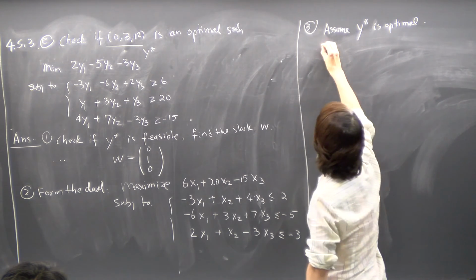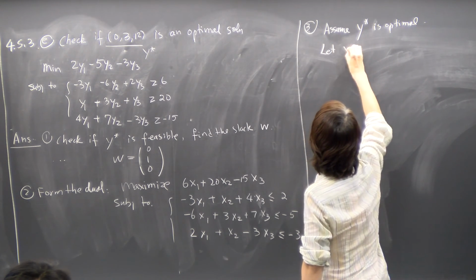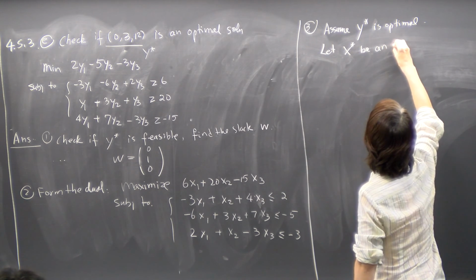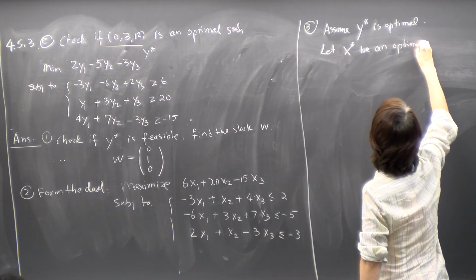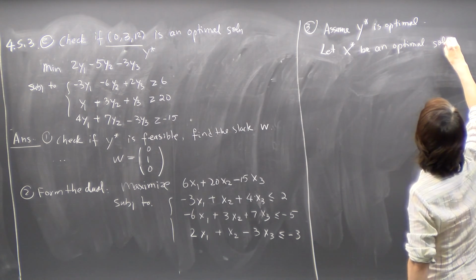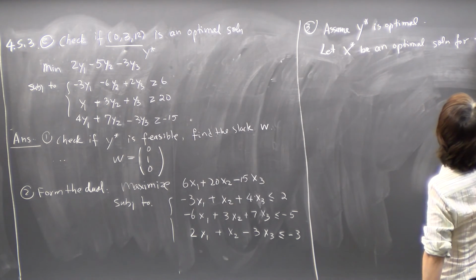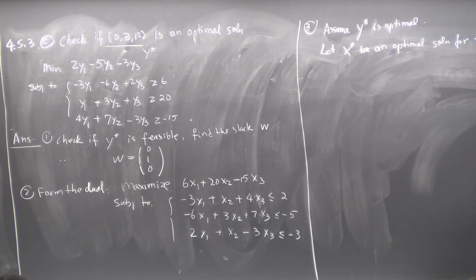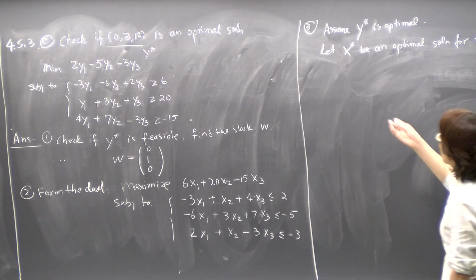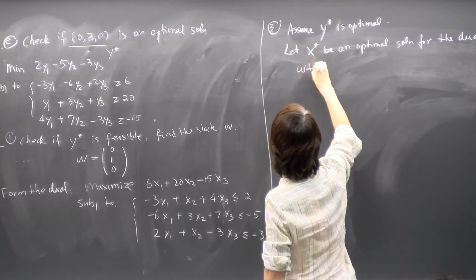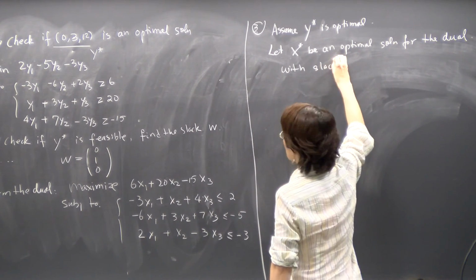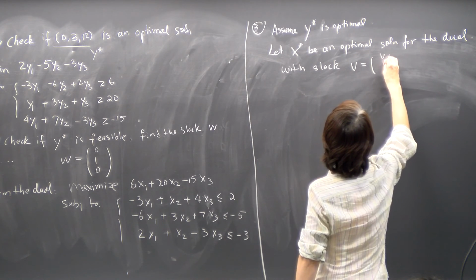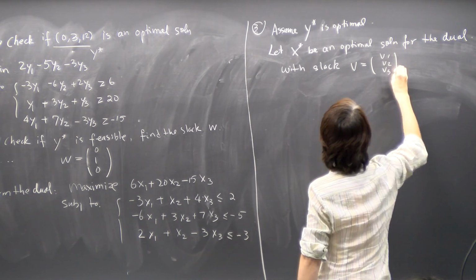And then we denote that by x star, an optimal solution for the dual. Okay? Then let's denote also the slack as v. So v1, v2, v3.